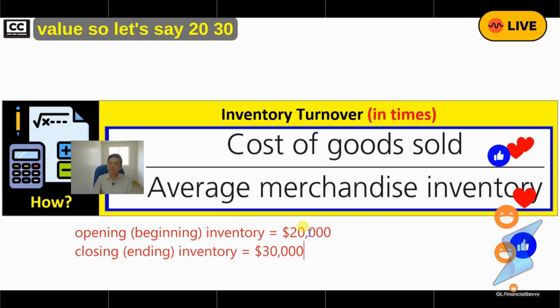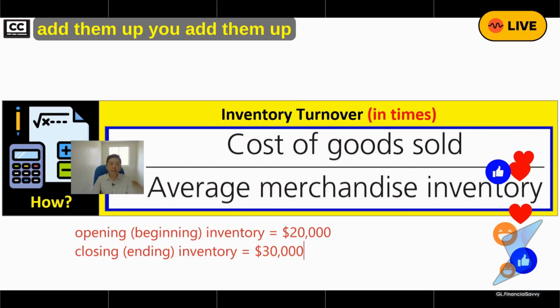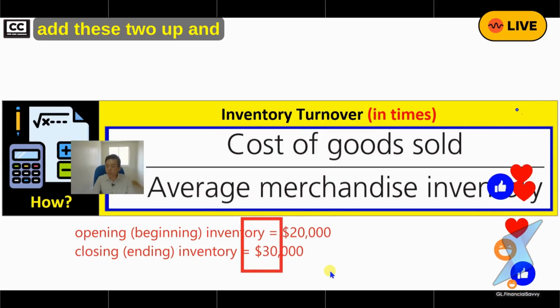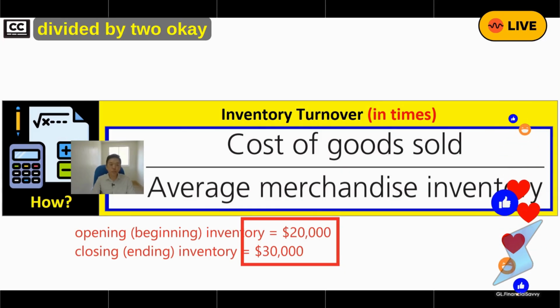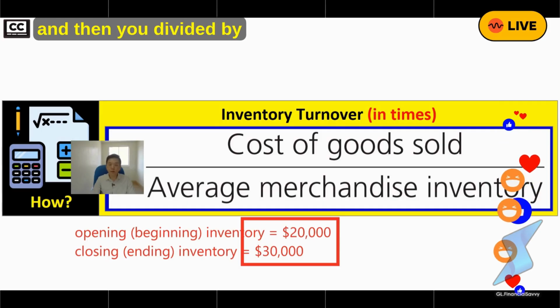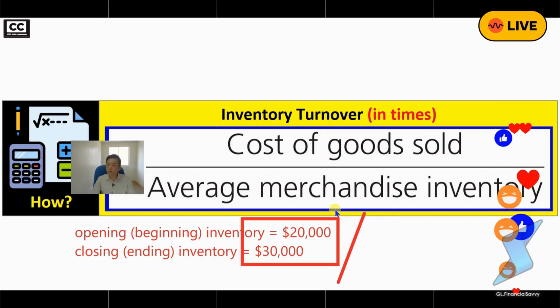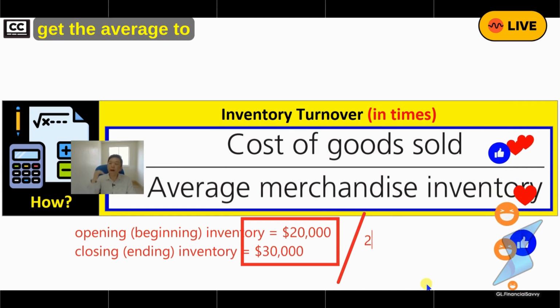So you add these two up, and then you divide it by 2, to get the average.